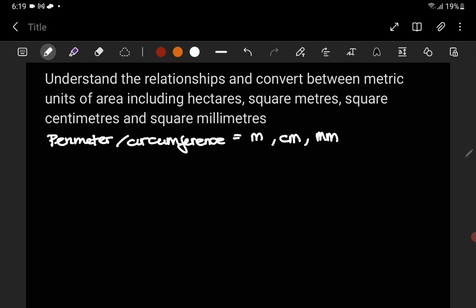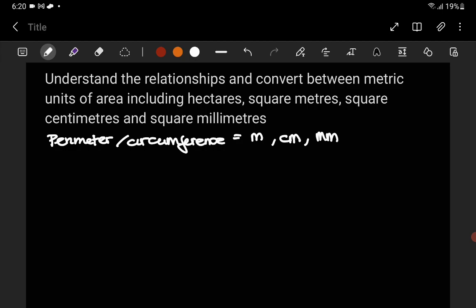If you look at these metric units, the index of each unit is 1, the invisible 1. Remember, perimeter and circumference mean that you will use the metric units with the index 1.